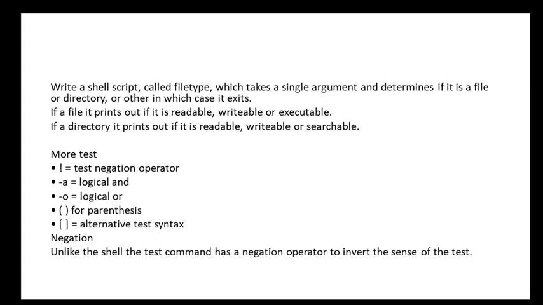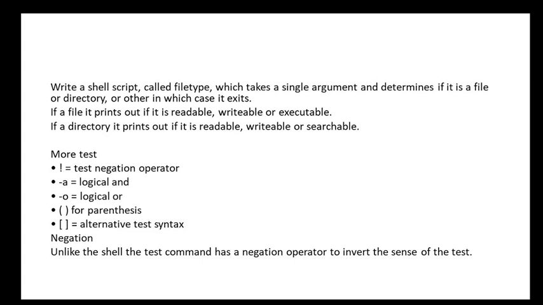More tests. For example, the negation symbol, the exclamation symbol, is used for the negation operation. -a is used for logical AND operation. -o is used for logical OR operation. The parentheses are for grouping.